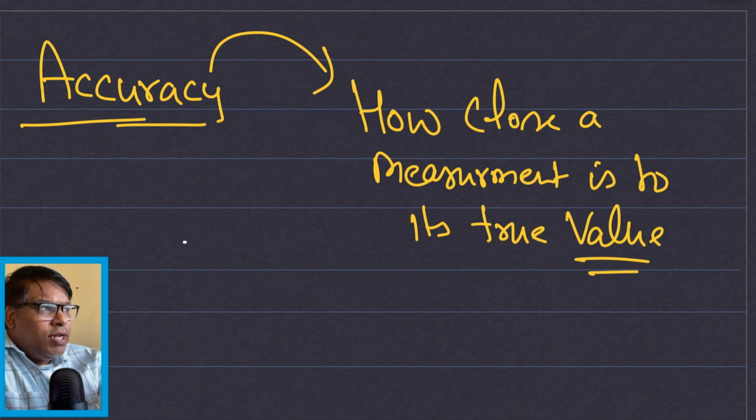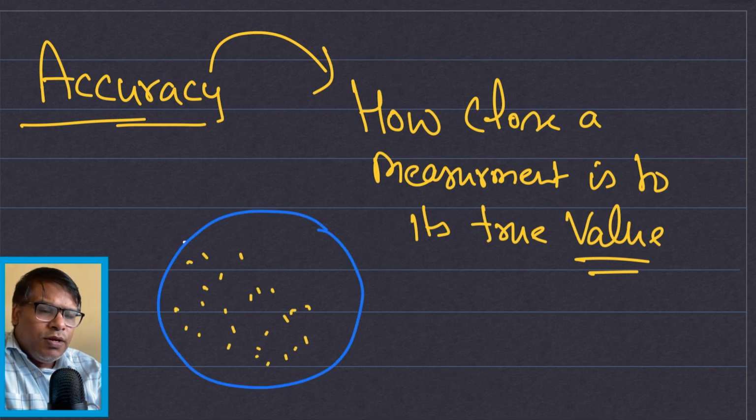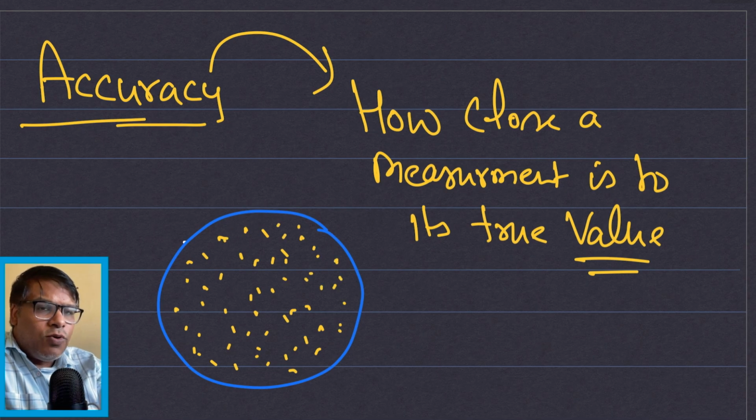You are measuring something. Have you measured that something accurately? Whether you are telling the truth or whether your measurement is false. Accuracy is going to tell you how close a measurement is to its true value. Now I am going to ask you, can you answer how many dots are in this circle? How many yellow dots?